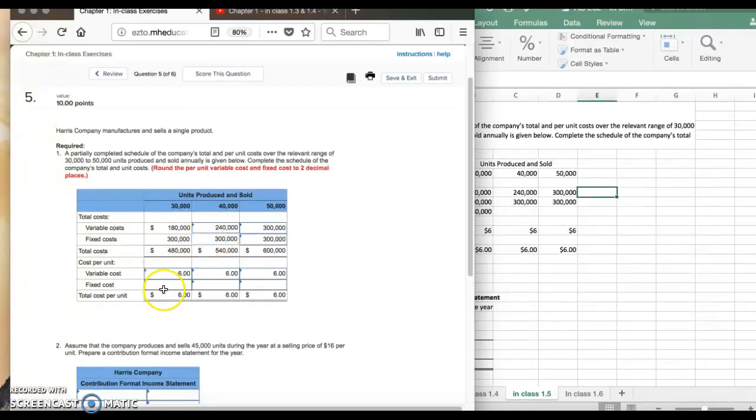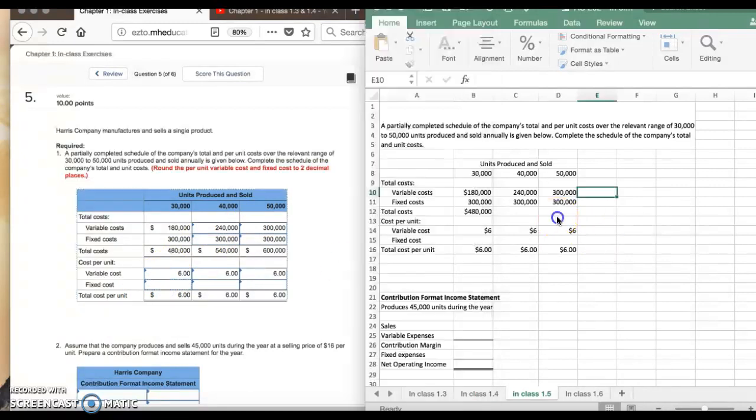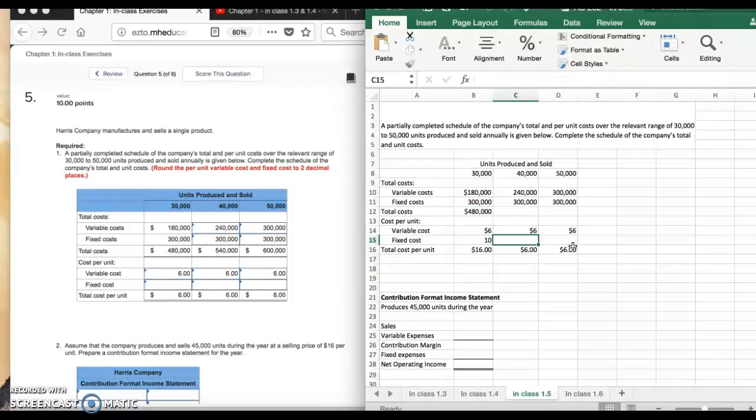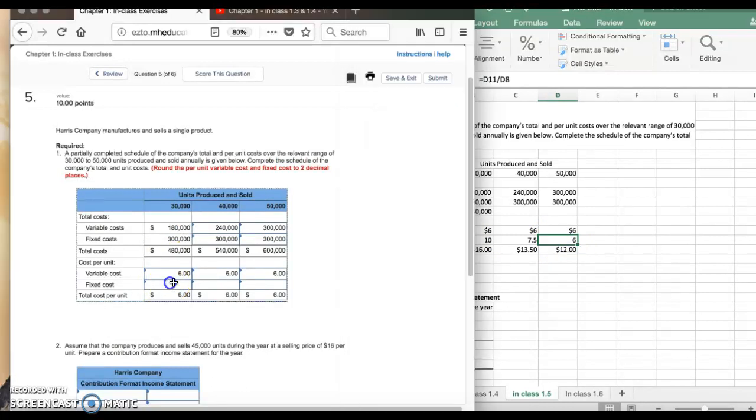Okay, but does fixed cost change on a per unit basis? Yes, it does. So we know our fixed cost is going to be 300,000 always, right? But divided by total number of units. So our fixed cost per unit at 30,000 is going to be $10 per unit. At 40,000, $7.50, and at 50,000, $6 per unit.